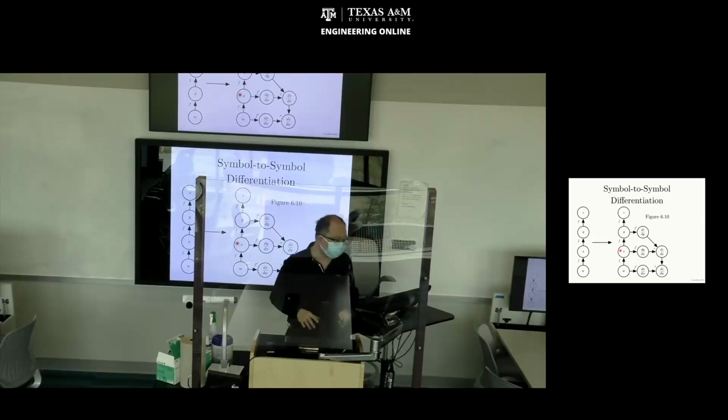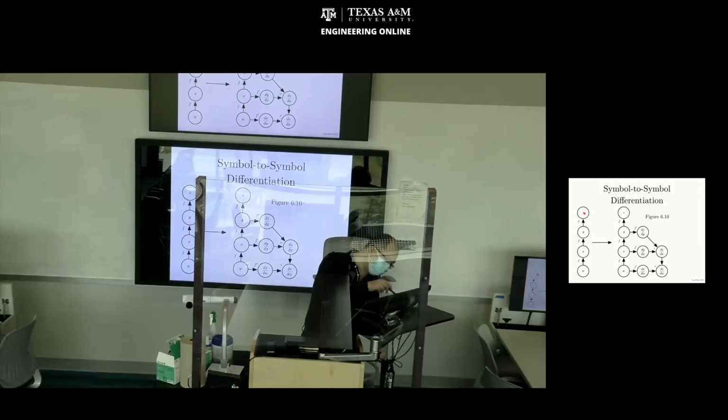So now let's look at the symbol-to-symbol differentiation. Let's try to make it clearer using this illustration. Again, we have this forward propagation.